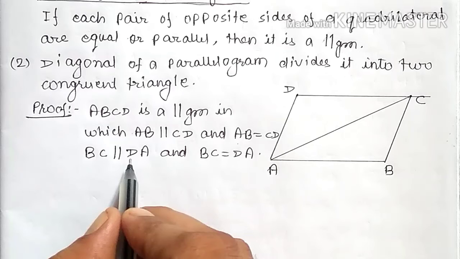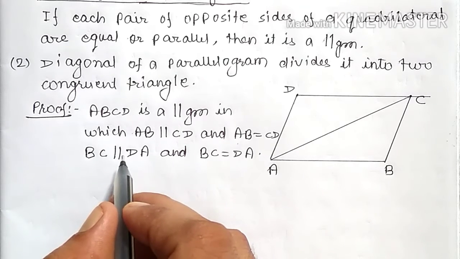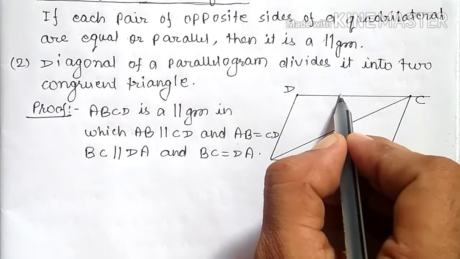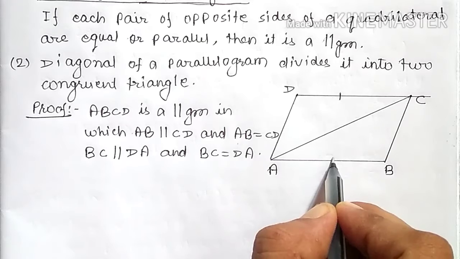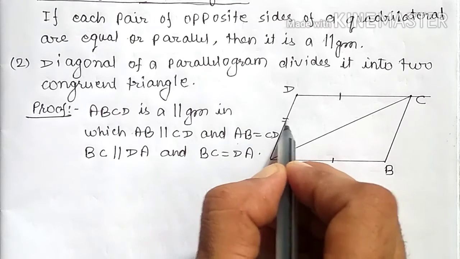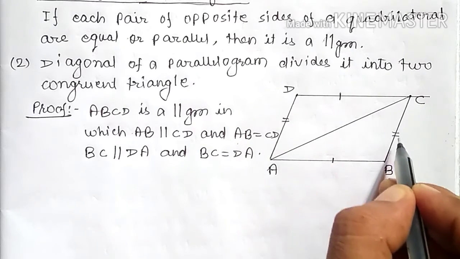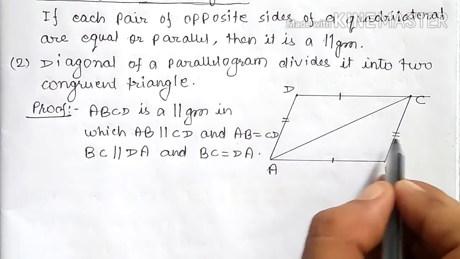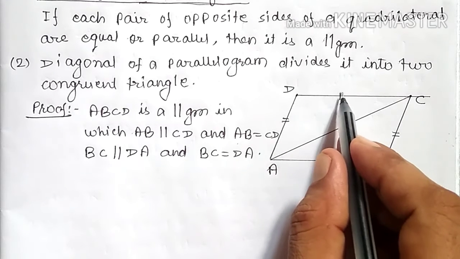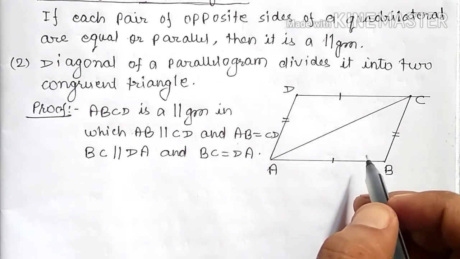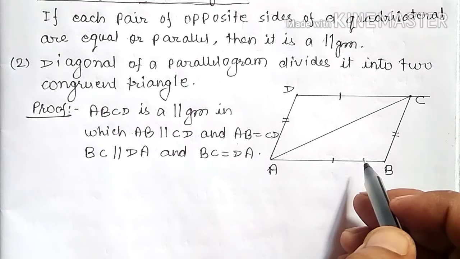It is from the first property of the parallelogram: opposite sides of the parallelogram are equal and parallel. This is equal to this and this parallel to this, and this is equal to this and this parallel to this.